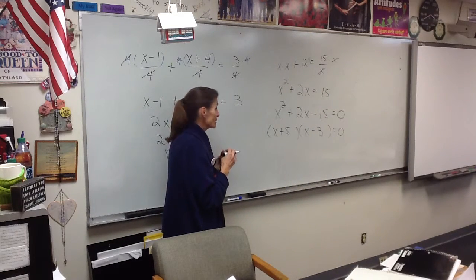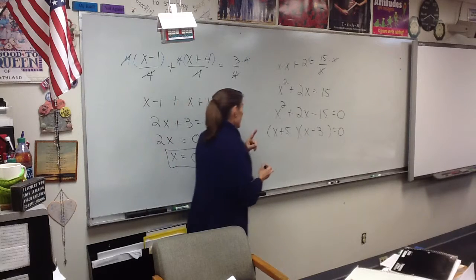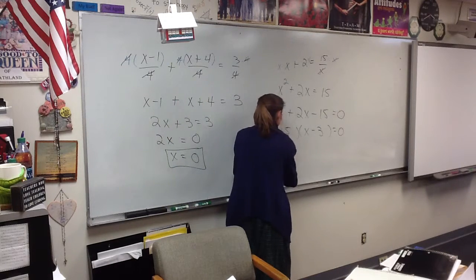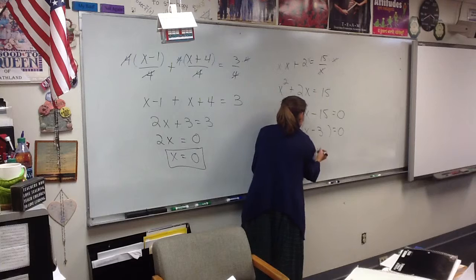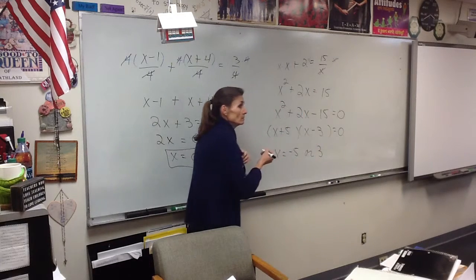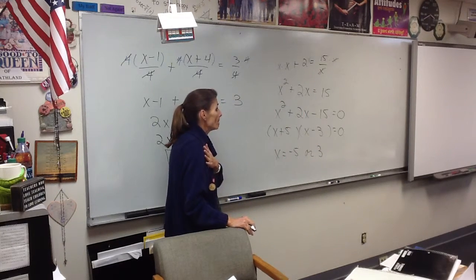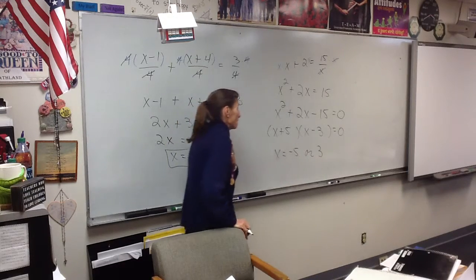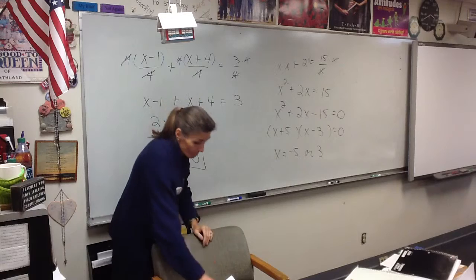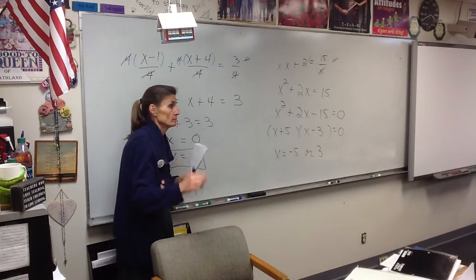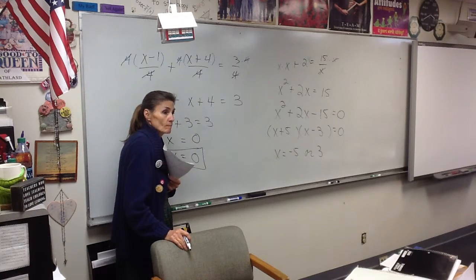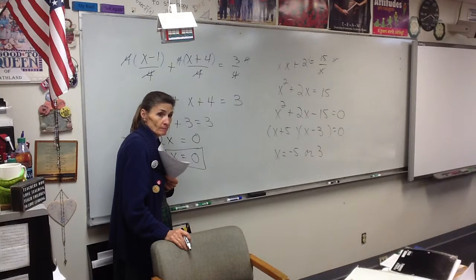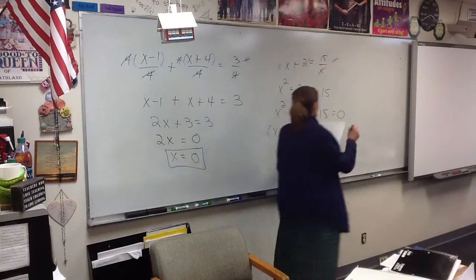It factors: plus 5, minus 3. So x equals negative 5 or positive 3. Savannah, could you also do completing the square? Yeah, so it can move this way. Everybody good so far? All right, let's look at the next one.